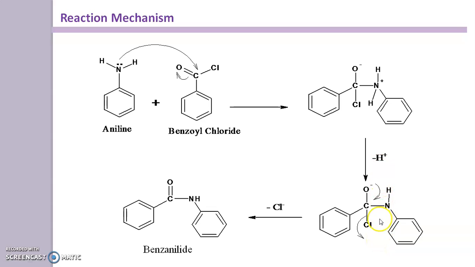After the loss of proton it is followed by the loss of chloride. Finally there is a formation of benzanilide. So here benzoylation takes place, meaning benzoylation of aniline forms benzanilide.